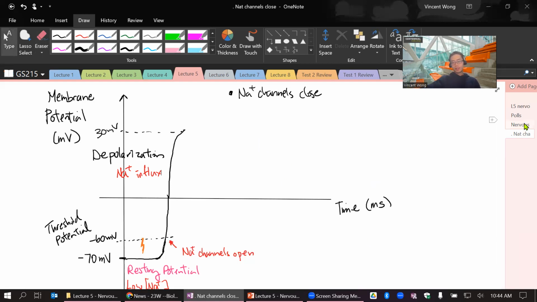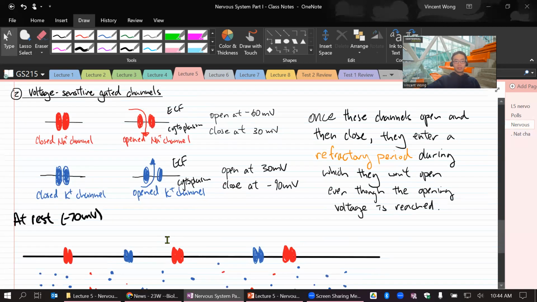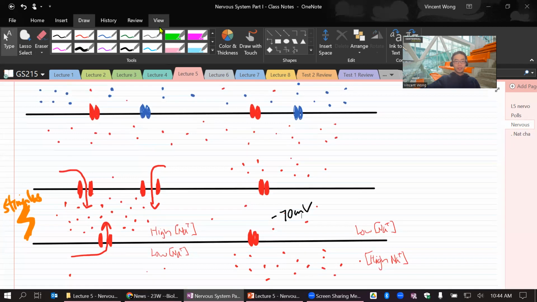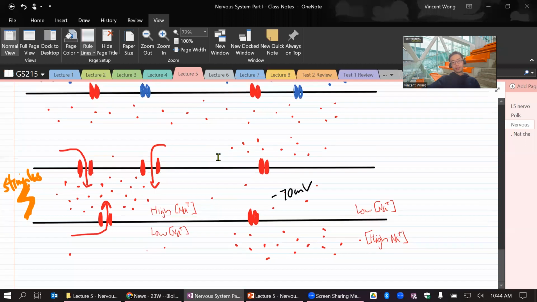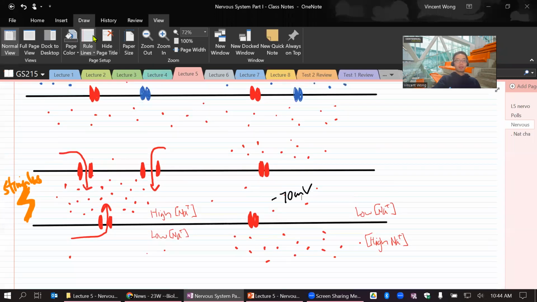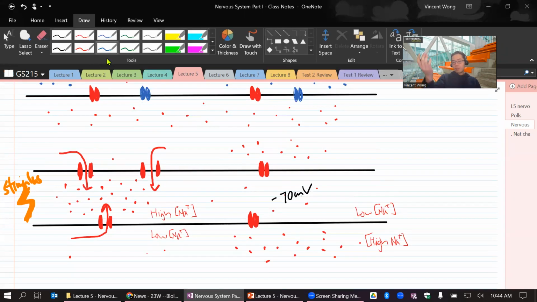All right, so let's take a look at our diagram again. Now we have been focusing on the sodium and completely ignoring the potassium. Let's think about the potassium. What's the descriptor for potassium on the inside at this point? Should I put high or should I put low?